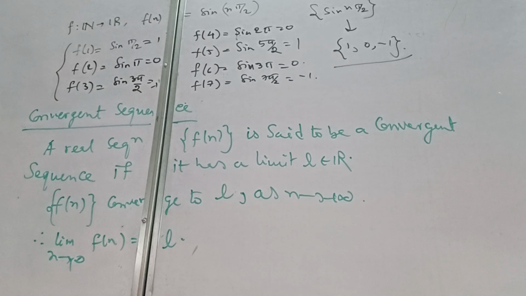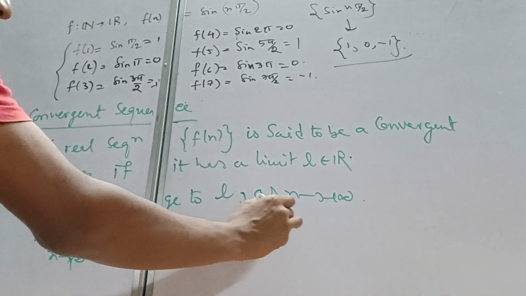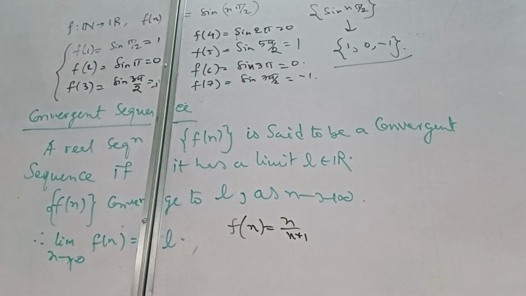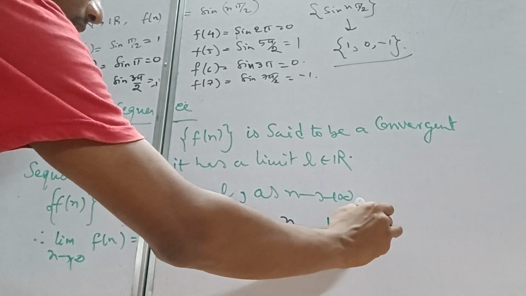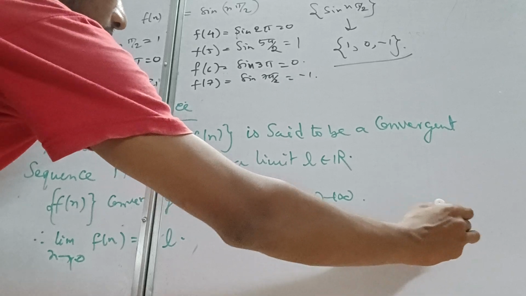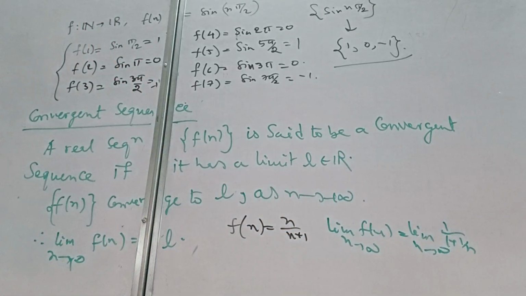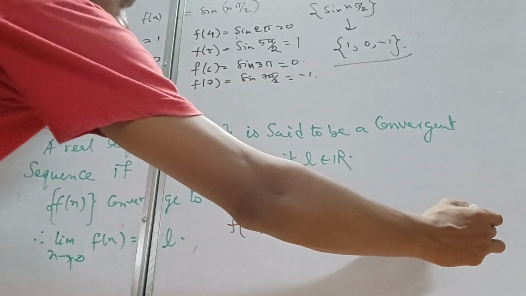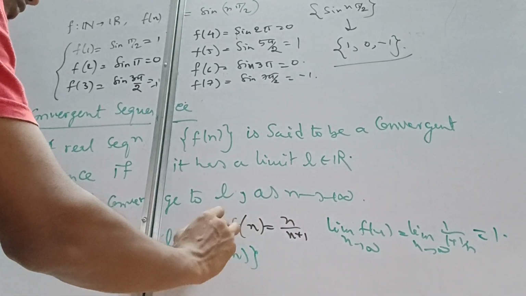And the next one is f(n) equal to n by n plus 1, this is a convergent sequence. That means we write limit of f(n) as n tends to infinity equal to limit of 1 by 1 plus 1/n as n tends to infinity. Then 1/n tends to 0, this equals 1, so this f(n) converges to 1.